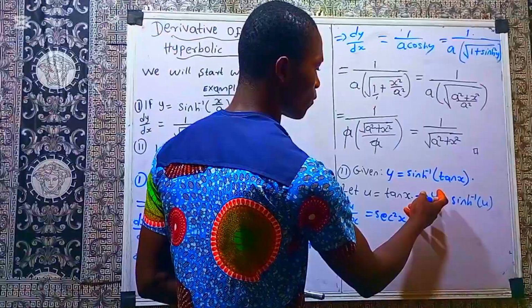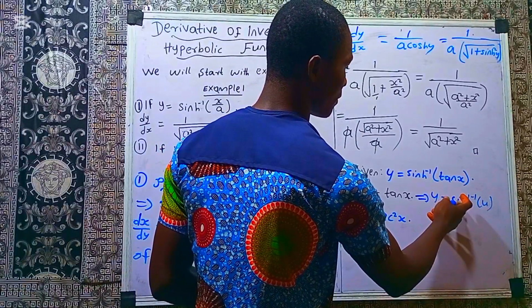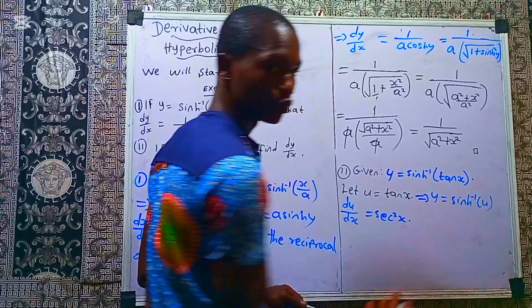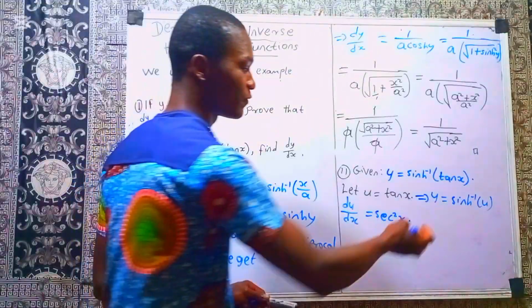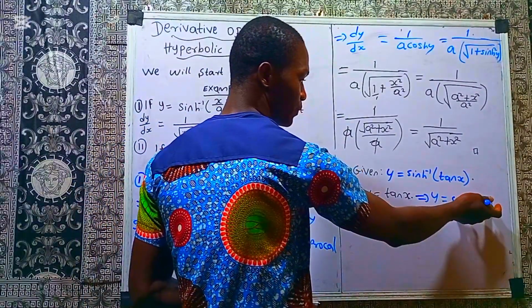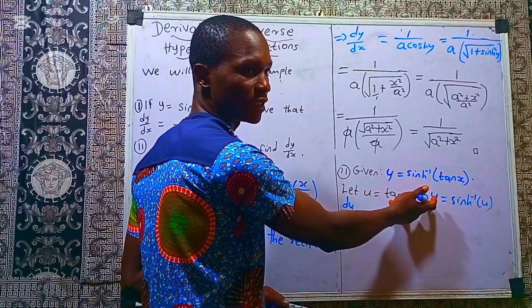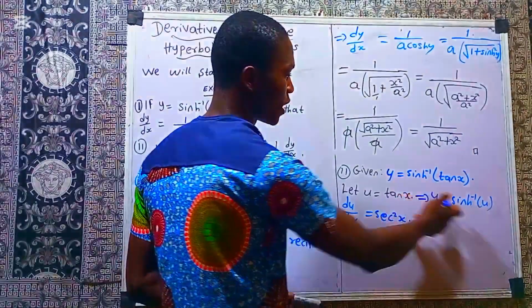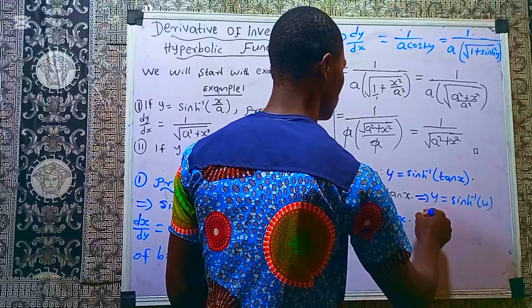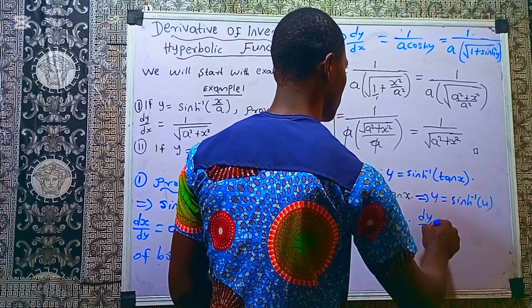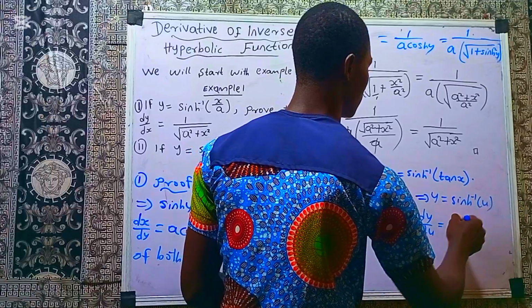Because we're having y is equal to hyperbolic sine inverse of what? u, isn't it? So we are differentiating this quantity with respect to u. y is the dependent variable, u is the independent. So we'll do dy/du will be equal to what?